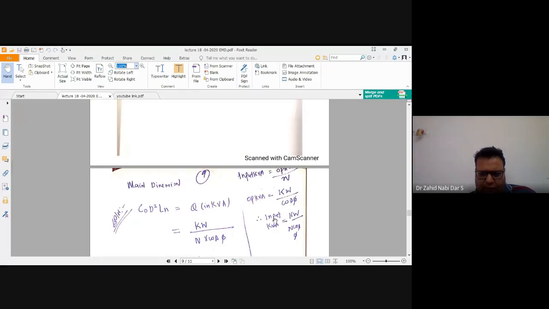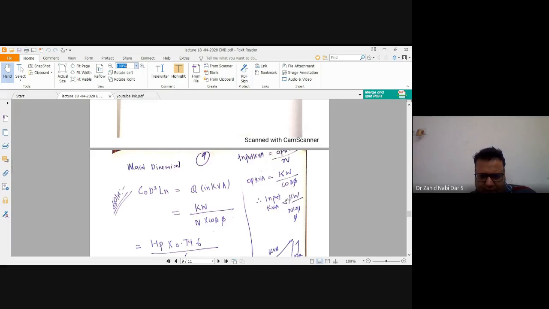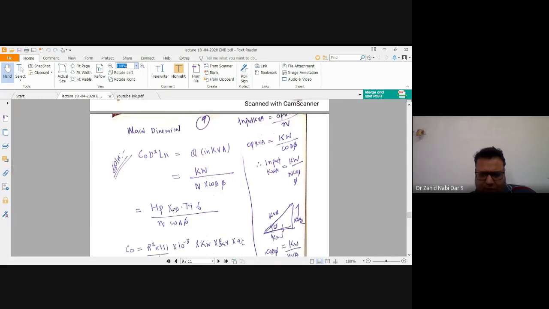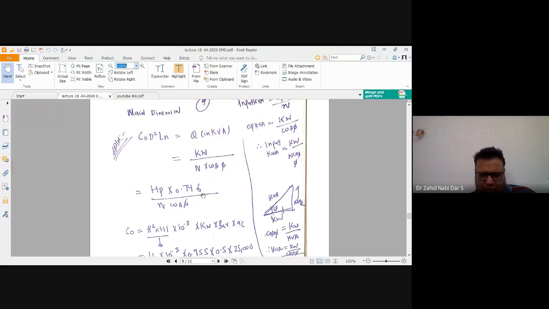So your input kVA, you can substitute the output kVA value, that is kW by cos phi, into efficiency. Once you substitute equation 2 in equation 1, you will get input kVA equal to kW by efficiency into cos phi, which is equal to C naught D square L N. Now kW, if it is given in HP, you can multiply, but here we don't require that because it's already given in kilowatts.